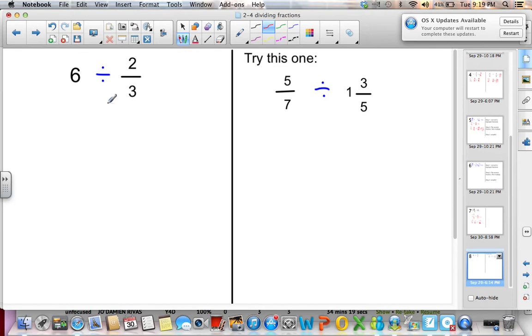Okay, here's a couple more for you to try. 6 divided by 2/3. So remember 6, we have to make it over a 1 because we always want to be able to show that it's a fraction. So I'm going to rewrite this as multiplication. 6 over 1. This is one of the biggest mistakes that we make, forgetting to put it over 1.